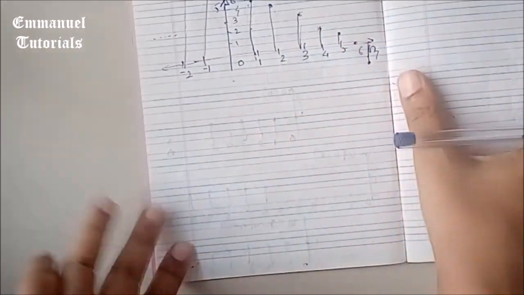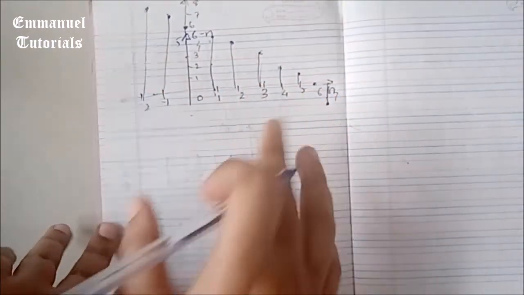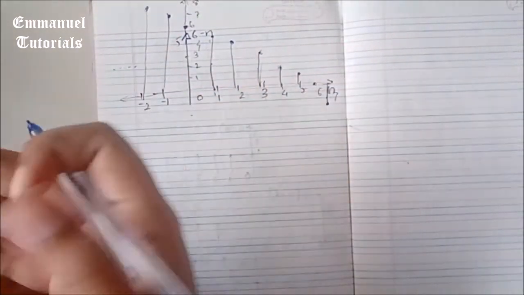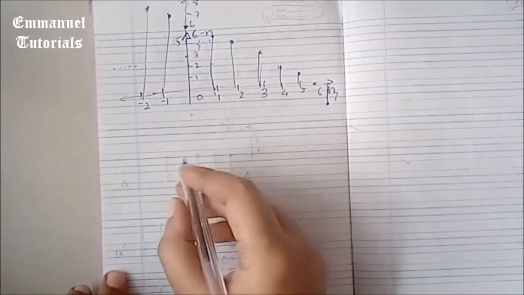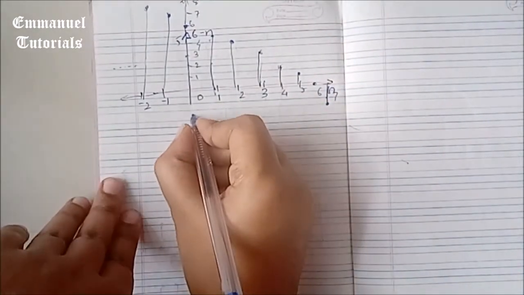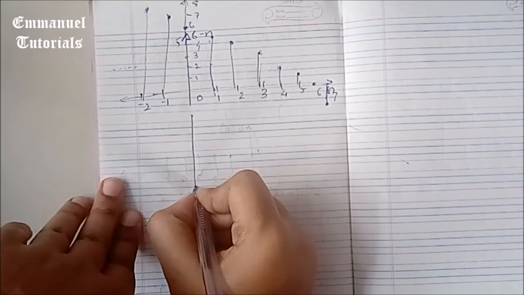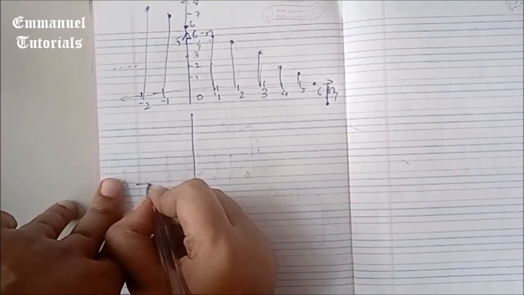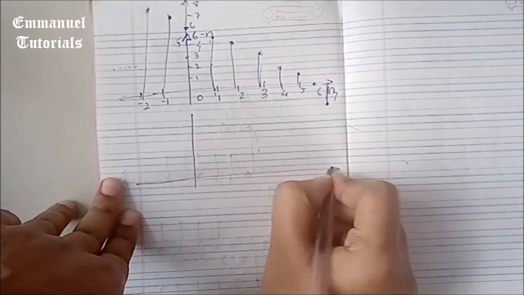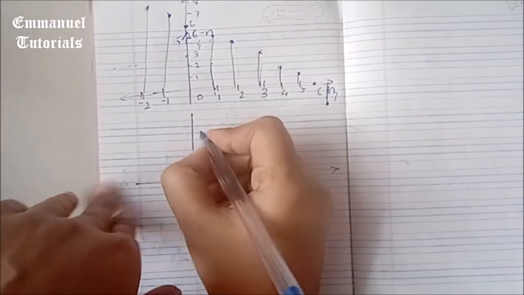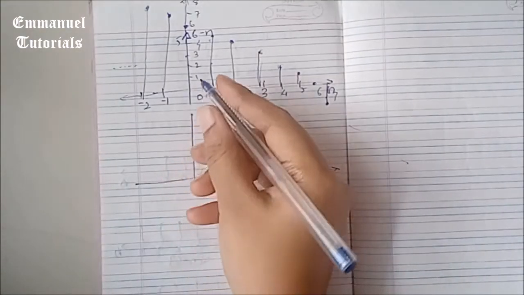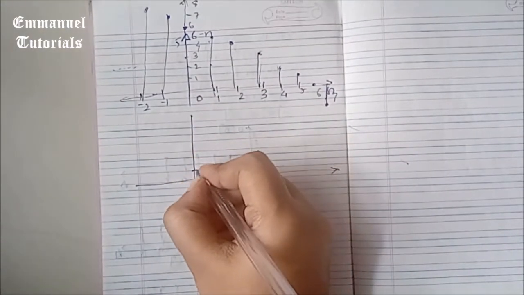So what is going to happen? You're just going to draw the same signal from 0 to 5. The rest of the signal will become null or 0, because it's going to get multiplied by 0. So at 0, the amplitude of the signal is 6 minus 0, which is 6. So we draw that.